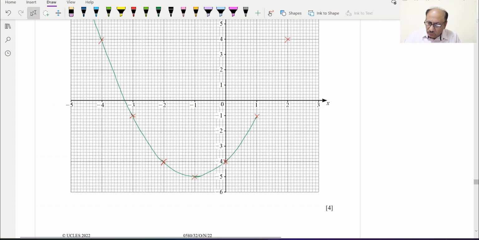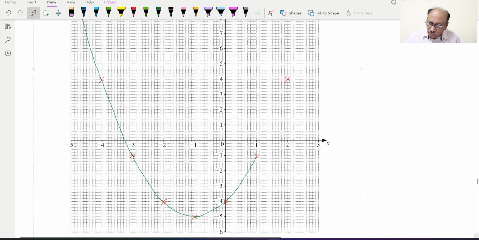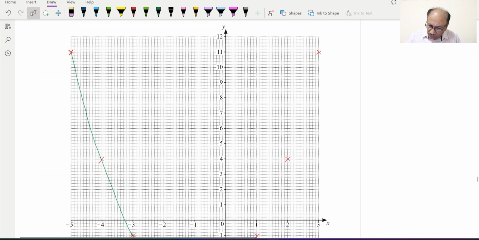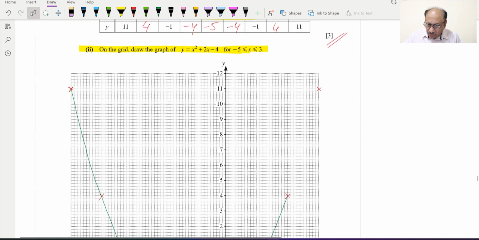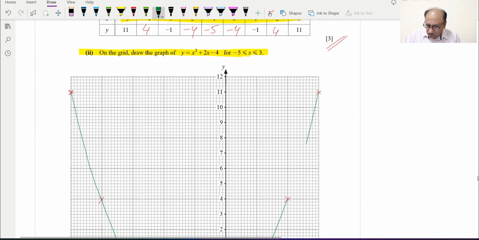If your graph is smoother, your answer will be more accurate. So try to be as accurate as possible.